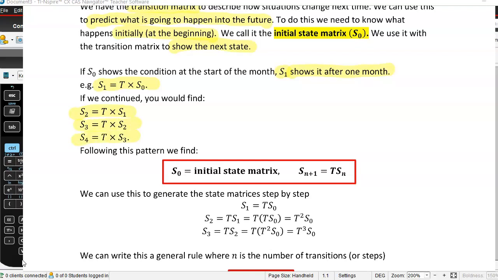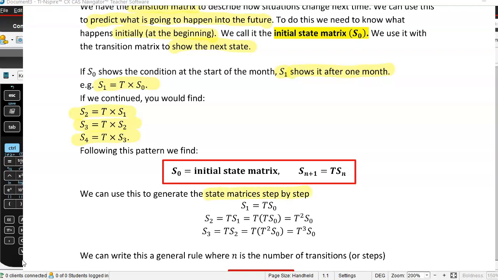So following this pattern, and this would look familiar to you all from recursion, we have our initial state matrix S0. The next state is defined by the transition matrix T times the previous state, or the current state. So using that idea, we can then generate the state matrices step by step.